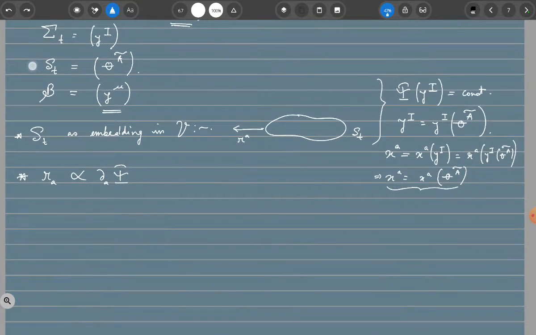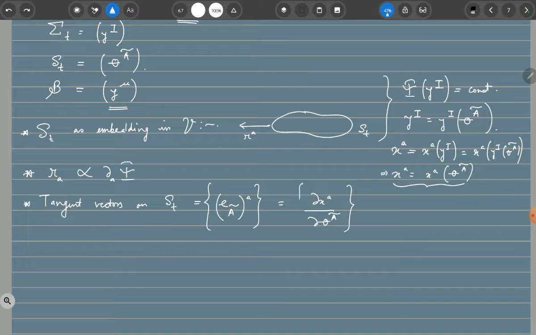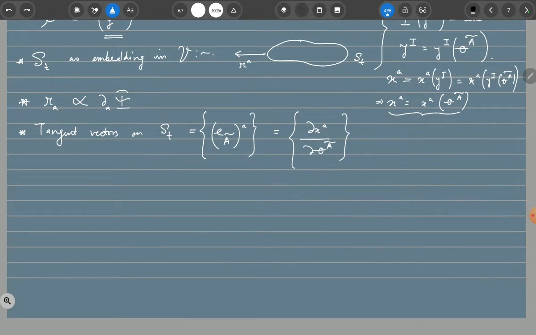We'll talk about the tangent vectors on S_t. The tangent vectors on S_t are given by this, which is equal to del x^a divided by del theta^ã. And we can have a nice way of writing down these tangent vectors on S_t.